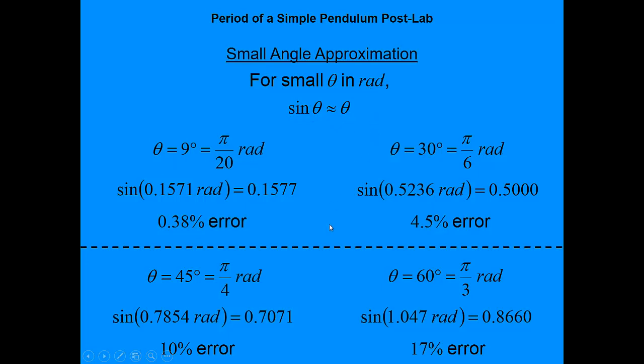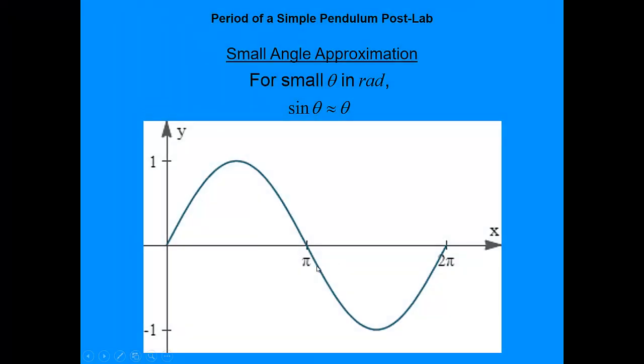Now, why does that work? Well, let's look at a sine function. Right? Look at this part of the sine function. Doesn't that look, at least if you're close to theta here, doesn't that look pretty linear? Right? It does. It comes pretty close to fitting. So if this is our equilibrium position, and this y is theta, and this is our equilibrium position.